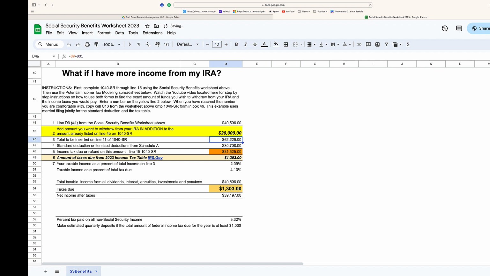And we're going to have a tax that is due on an income of $31,525. Okay, so this is what you do. You change this number right here, up or down, and put down as much as you want. And now we're going to go to the tax table and we're going to adjust this number. So we'll be right back to this table.